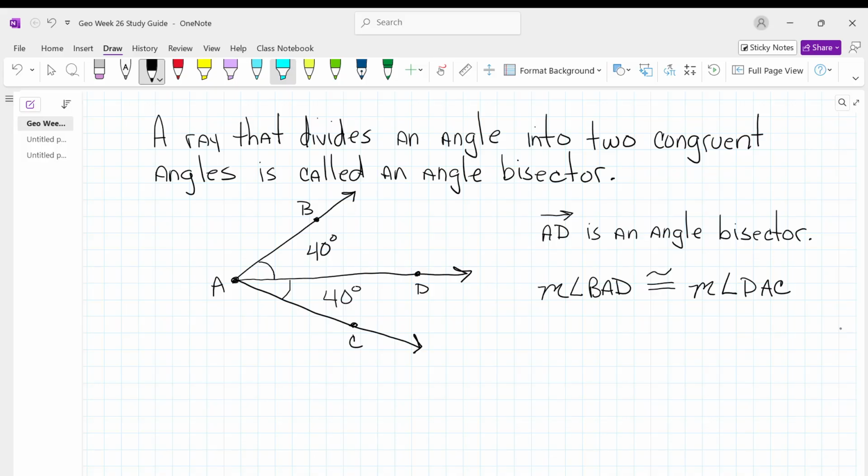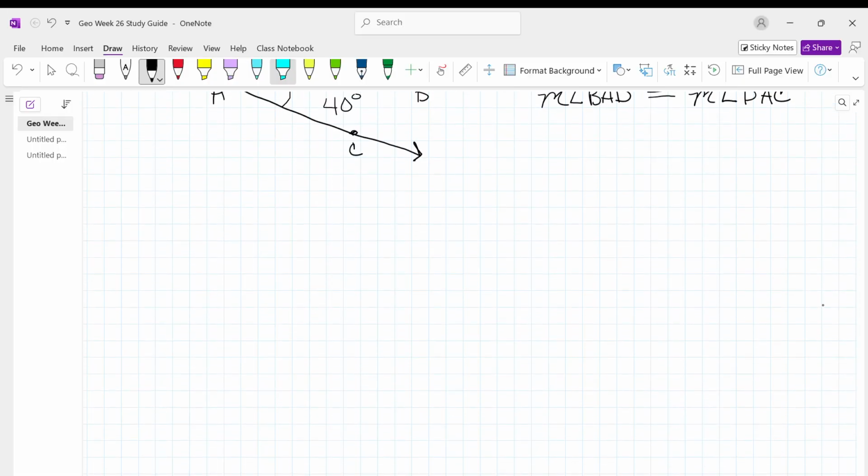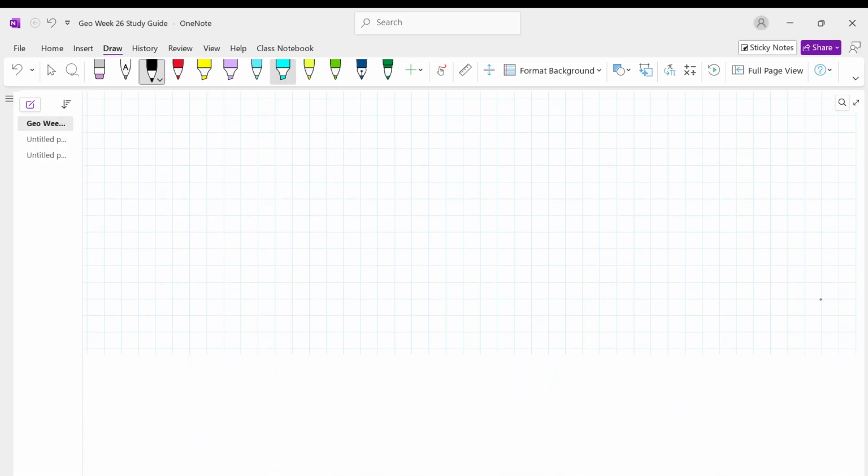All right, so let's look at one more example here. Top of page 40. We've got a diagram that kind of looks like this.